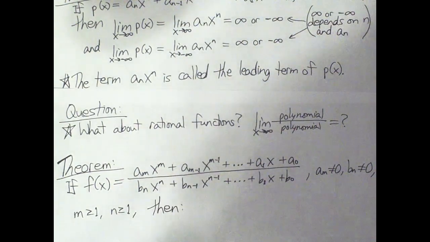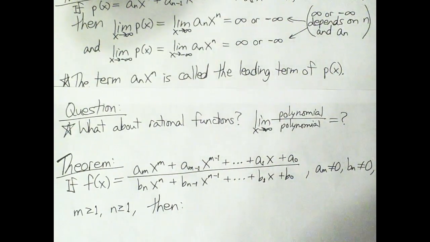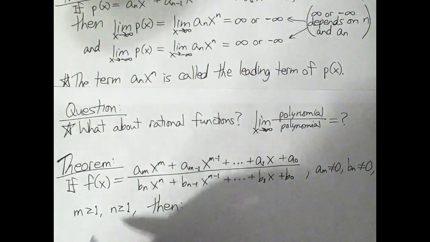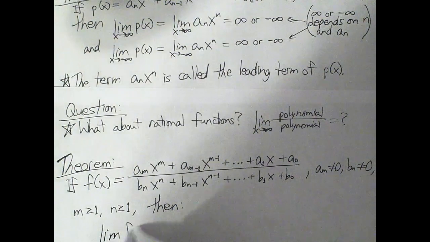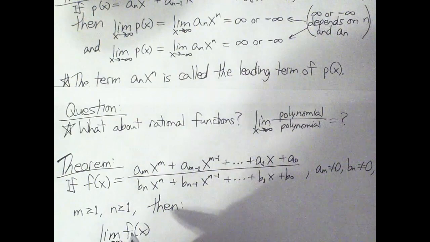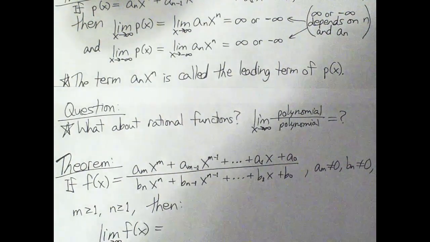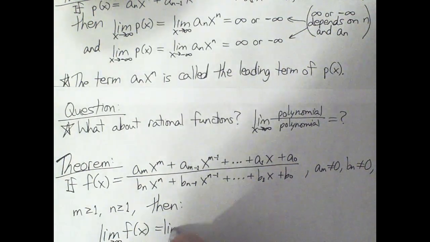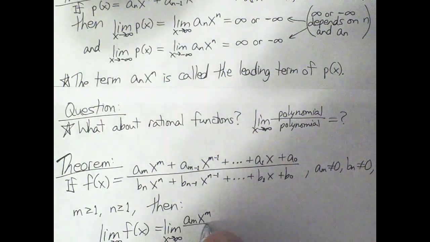Then what you really want to know is, what's the result if you have a rational function? Then the limit of f of x as x approaches infinity. Is there a nice shortcut? It turns out that it equals the limit as x goes to infinity of the leading term of the top divided by the leading term of the bottom.